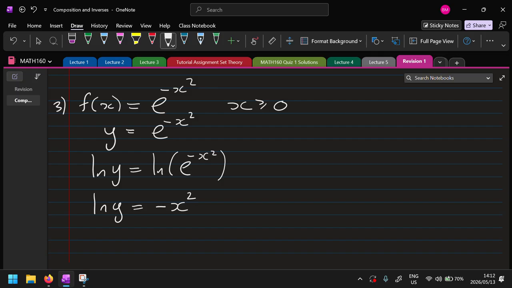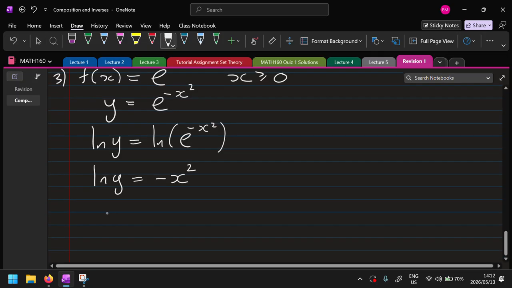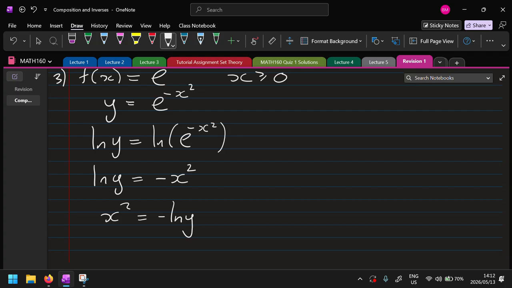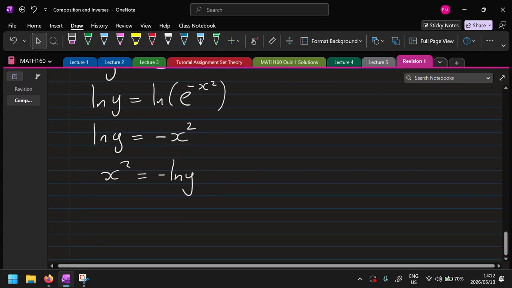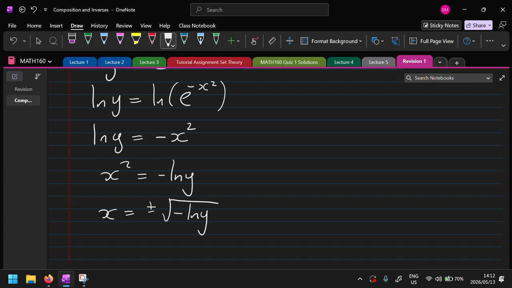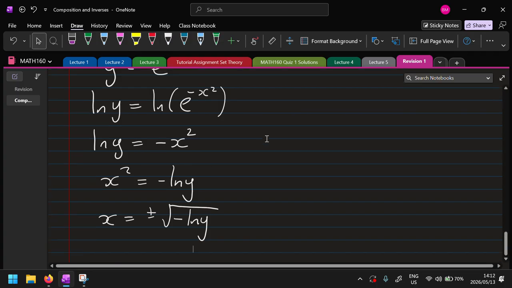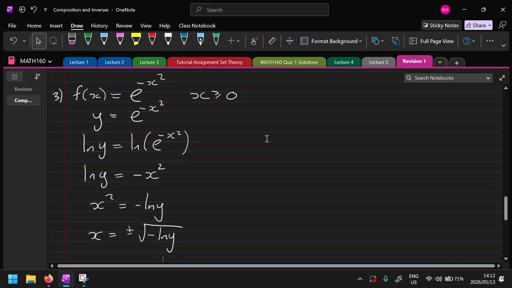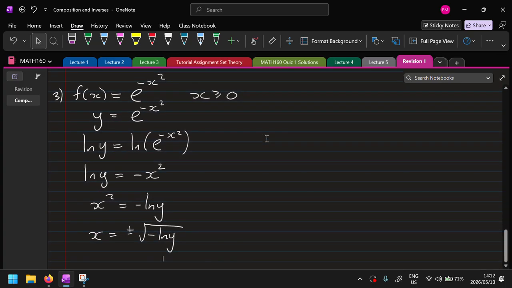Okay. Again, we still want x, so let's take the minus over to the other side. Then we want x, so let's do the roots, and we get a plus minus from the roots. Now we can't have two answers, right? It needs to be a proper function, so plus or minus, we need to decide. Which one will it be? Positive, yeah.